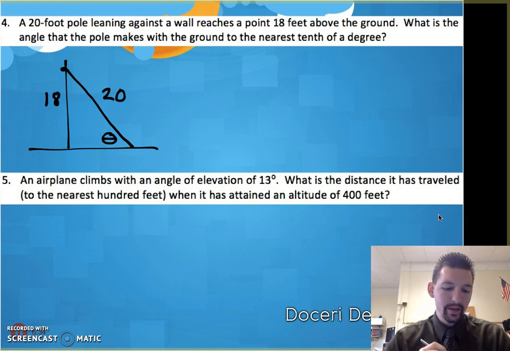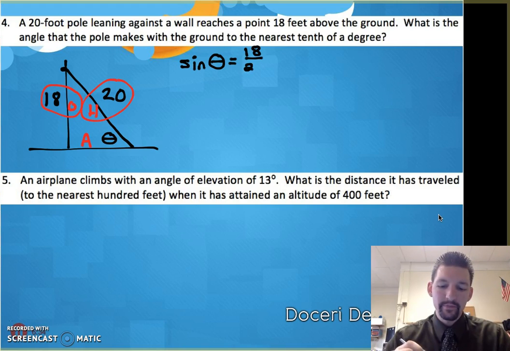Well, again, we can label our hypotenuse, our opposite, and our adjacent. And then we can see that opposite and hypotenuse are used again, meaning that sine will be the appropriate trig ratio. So I'm going to put sine of theta equals opposite over hypotenuse, which is 18 over 20. And now I need to get rid of that sine.